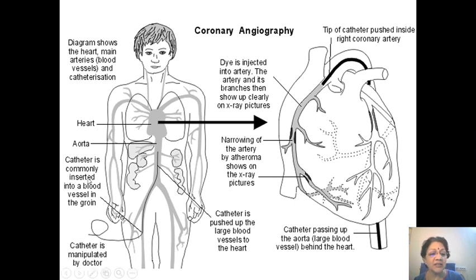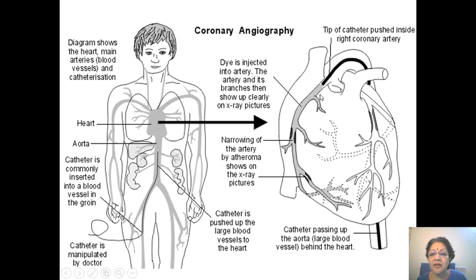So we insert the catheter into a blood vessel in the groin, very commonly the femoral artery. You all have done lower limb, you remember where the femoral artery is. So we cut down into it, we put the catheter in, and we manipulate it up the external iliac, common iliac, descending aorta, and into the beginning of the ascending aorta.